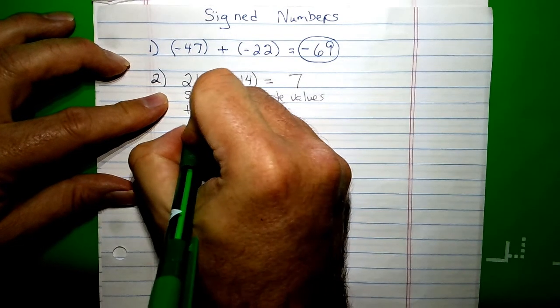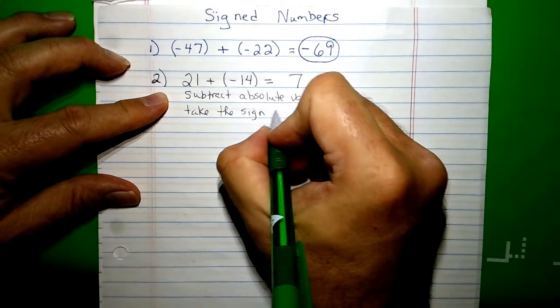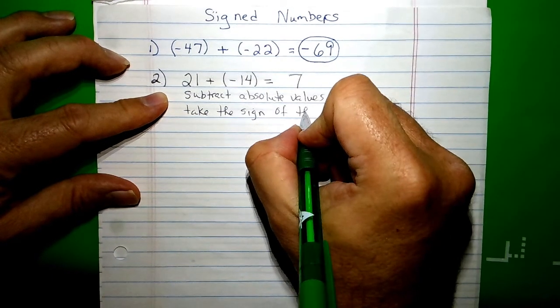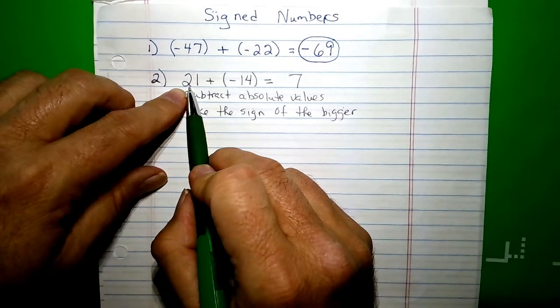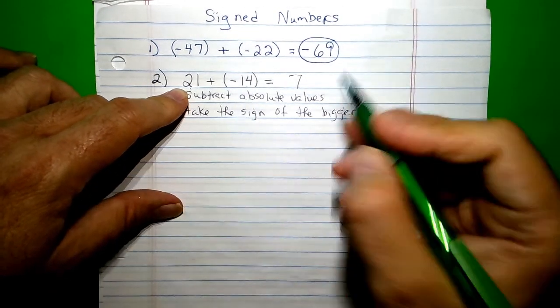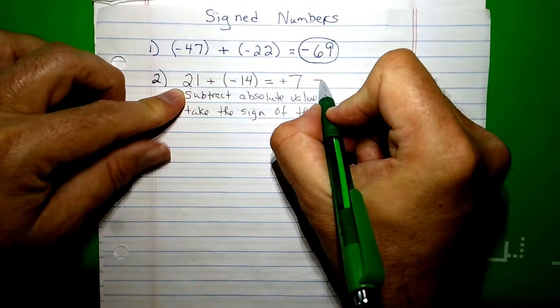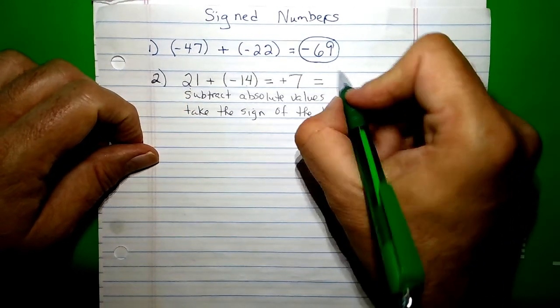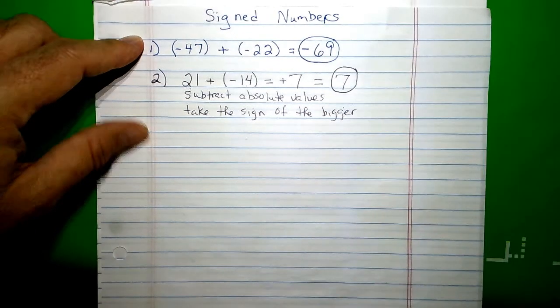And then you take the sign of the bigger number. Well, the bigger one was 21. 21's bigger than 14. So positive 7. But if you're doing something like my math class, you don't put a positive in front of that. You just type in a 7 for an answer. Okay?